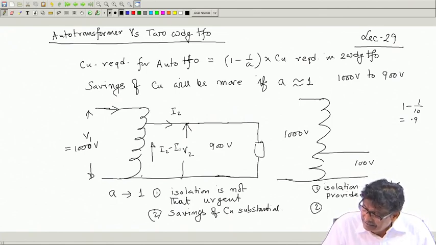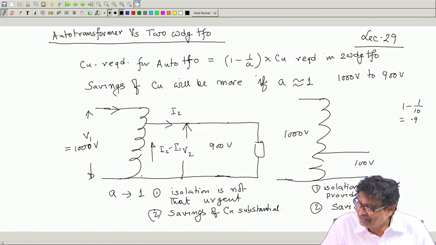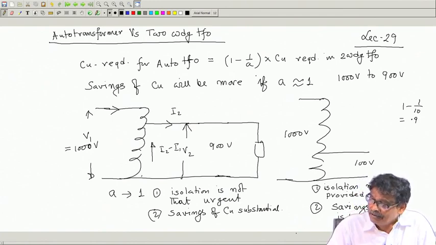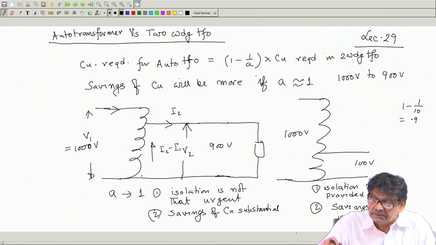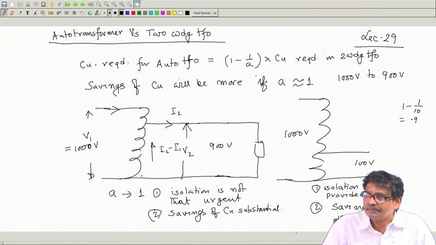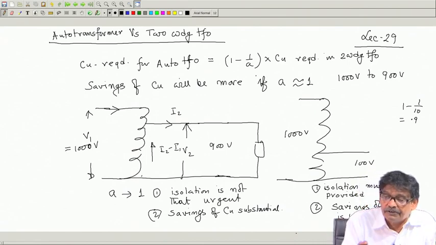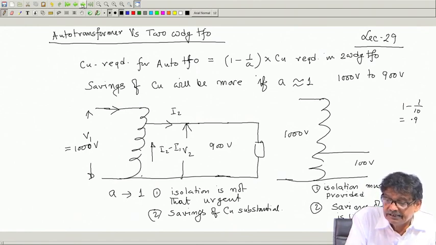And secondly, savings of copper is also not very high, savings of copper is little. Savings of copper with respect to whom? With respect to a 2-winding transformer. Therefore, for such a large transformation ratio of voltages, you better go for a 2-winding transformer, where isolation will be there. I think you have understood this point. Okay. So, this is the thing.